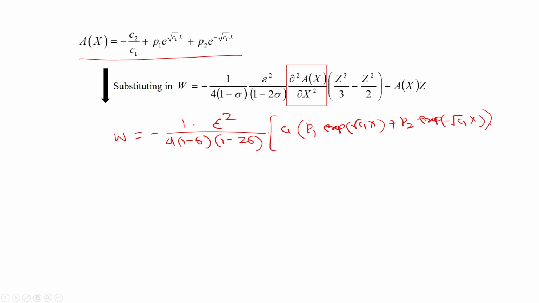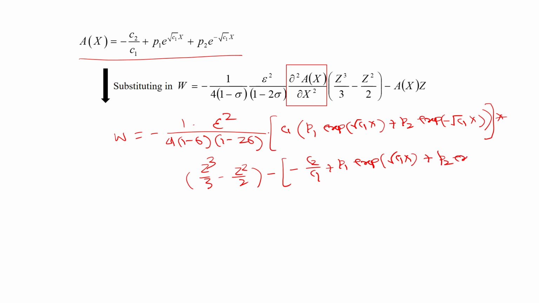So, this should be multiplied by z cube by 3 minus z square by 2, and this should be equal to minus of C2 by C1 plus P1 exponential square root of C1 into x plus P2 exponential minus square root of C1 into x, like this.